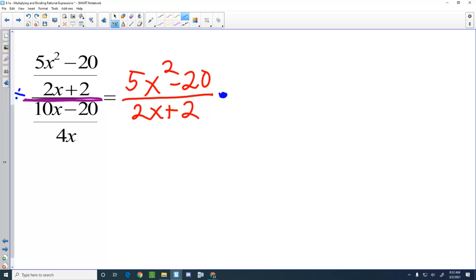So I'm going to take that bottom one, the 10x minus 20 over 4x, and I'm going to flip it. I'm going to take its reciprocal. So I'm multiplying by the reciprocal of 4x over 10x minus 20. All right, so you might see it written that way. It's still just division. You're still just dividing fractions.